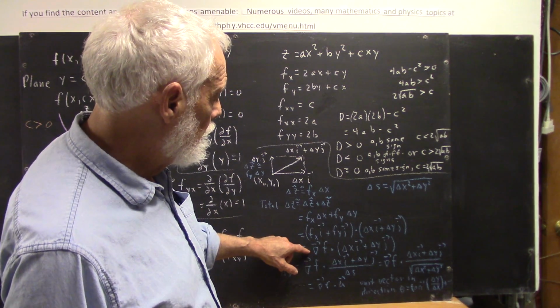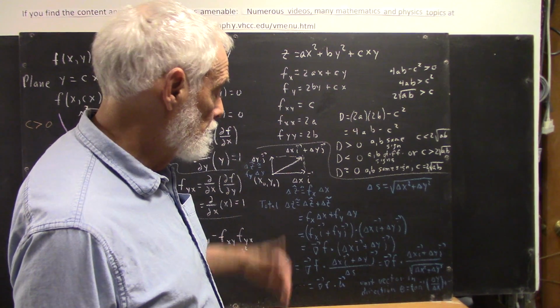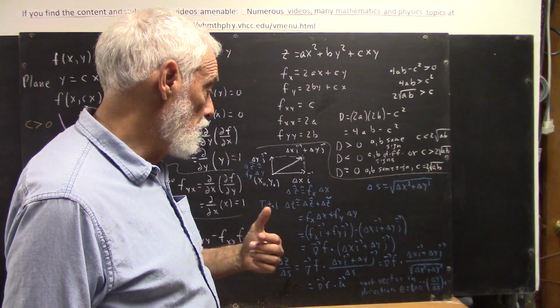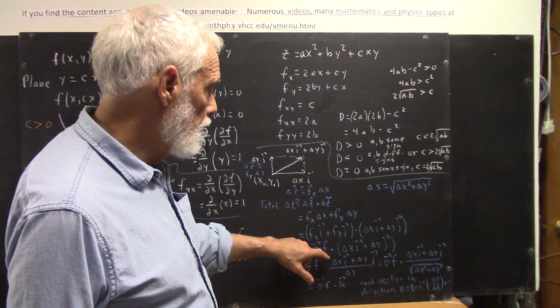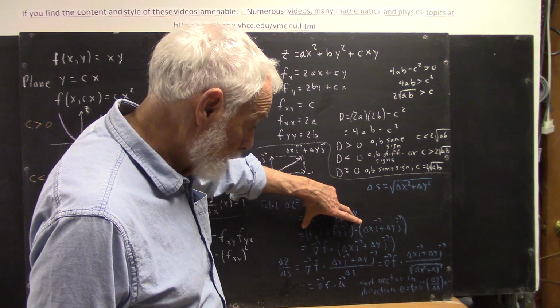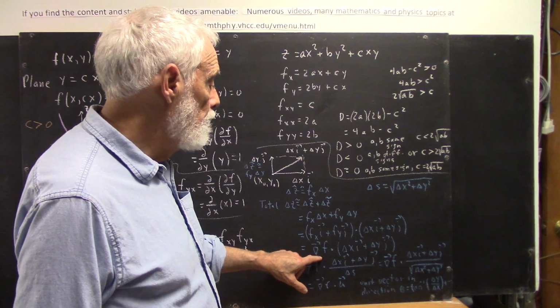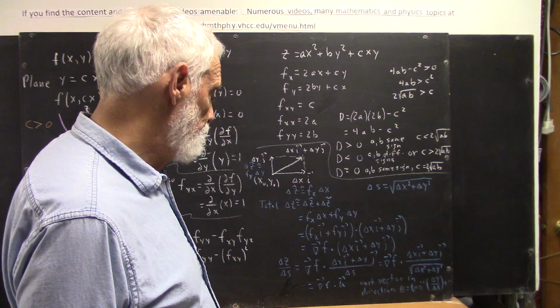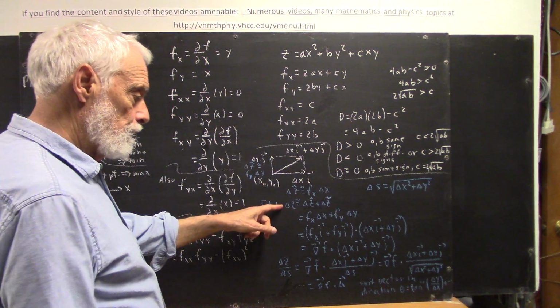If we define our del operator as we have, as partial with respect to x times i plus partial with respect to y times j, then applying that to f just gives us this. So this is del f dot delta x i plus delta y j. So that's your delta z.